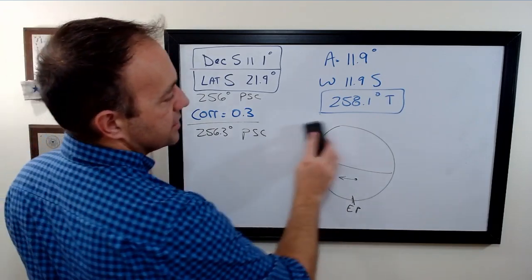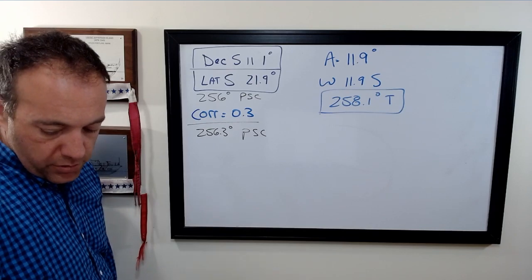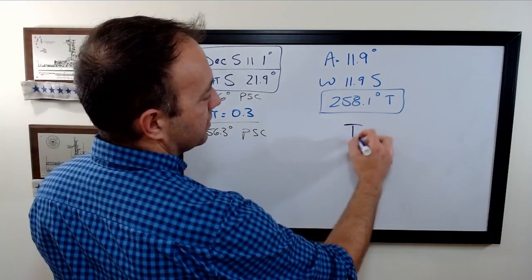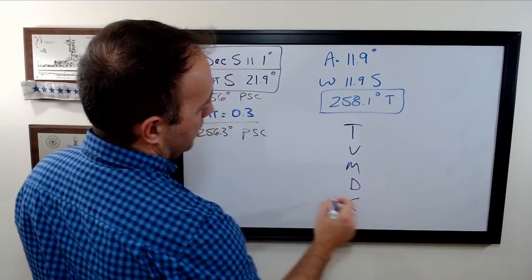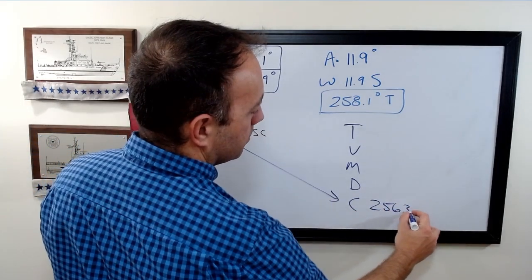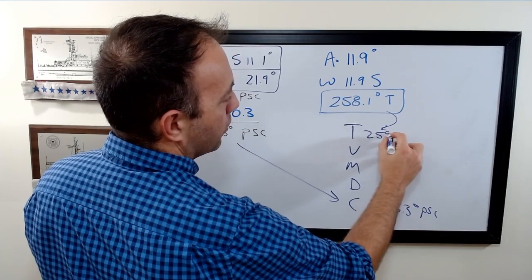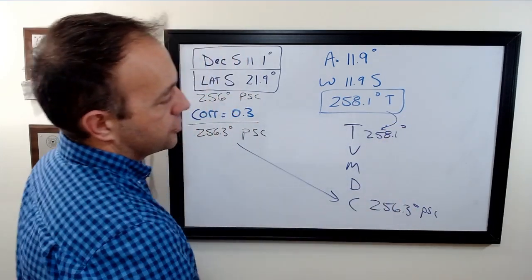And so then you've got your compass course, you've got your true course. You can put all this into the True Vampires thing, just like normal, or the Can Dead Men Vote Twice thing. This one is going to go here, 256.3. This one's going to go here, 258.1 true.